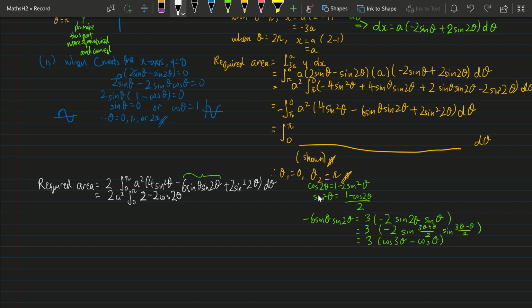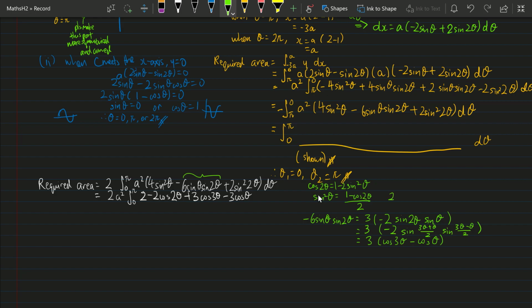So negative 6 becomes plus 3 cosine 3 theta minus 3 cosine theta. Okay, then this 2 sine square 2 theta shouldn't be a big deal.